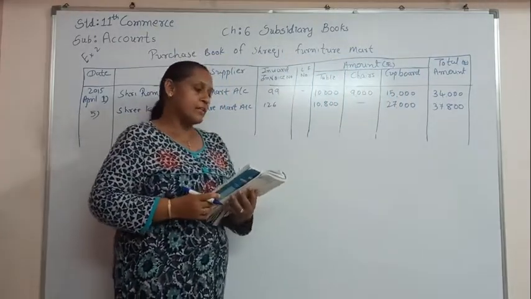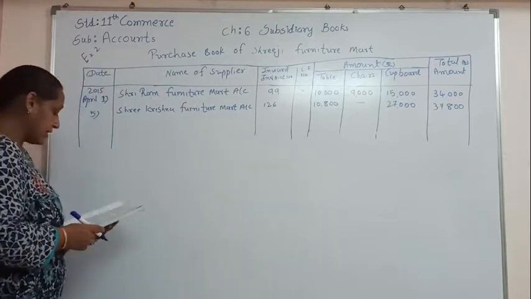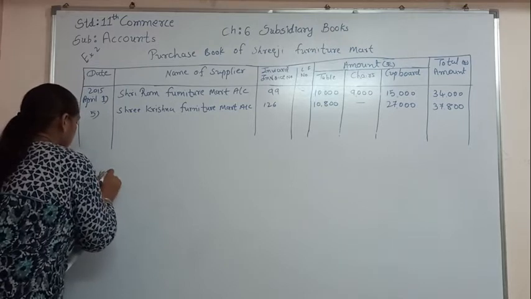Now let's see the next transaction. A cycle purchased from Shivam Cycle Store. So that is a purchase of a cycle, and that we are not recording here.